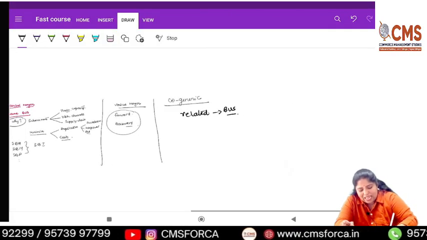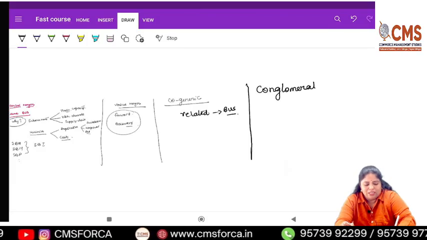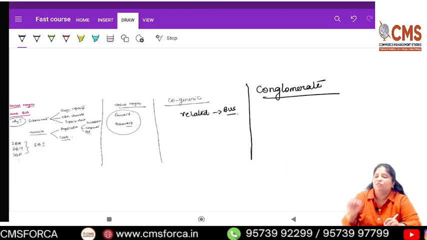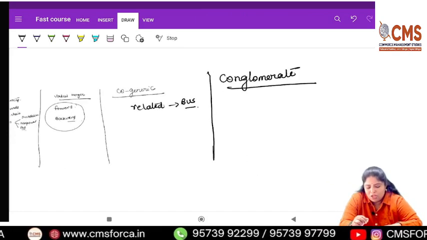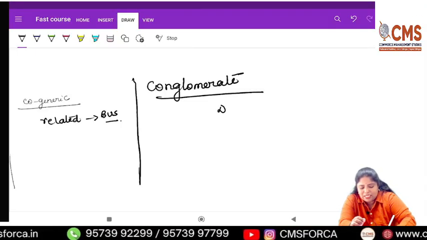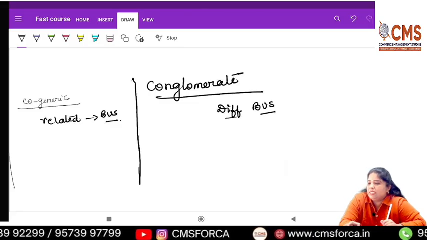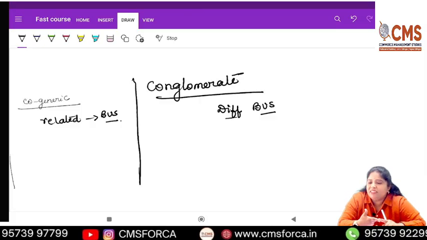Now, as we finished this concept yesterday, the last merger you need to talk about is the conglomerate merger. A conglomerate merger happens usually between business entities who are into completely different businesses. There is no common thread of link.